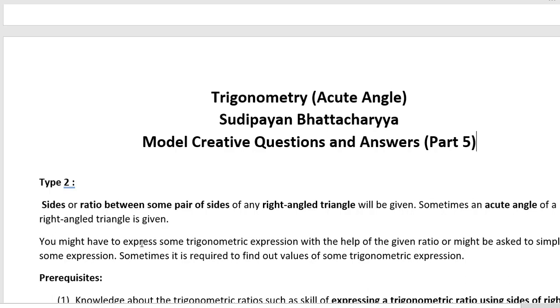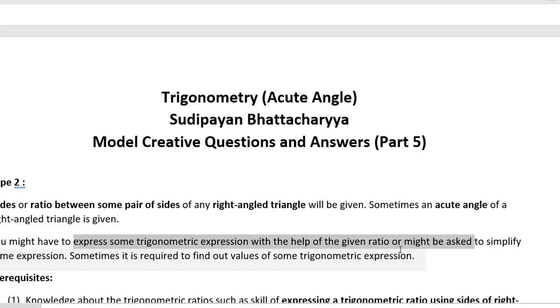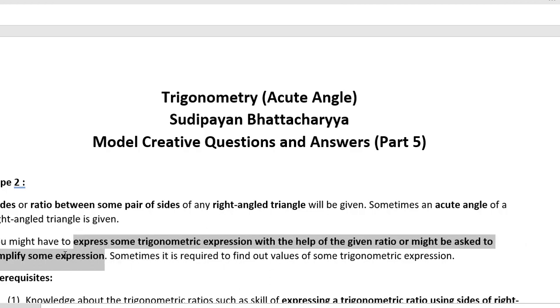You might have to express some trigonometric expression with the help of the given ratio, or might be asked to simplify some expressions. Sometimes it is required to find out values of some trigonometric expressions.